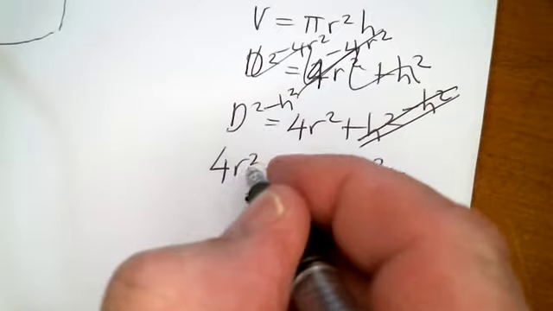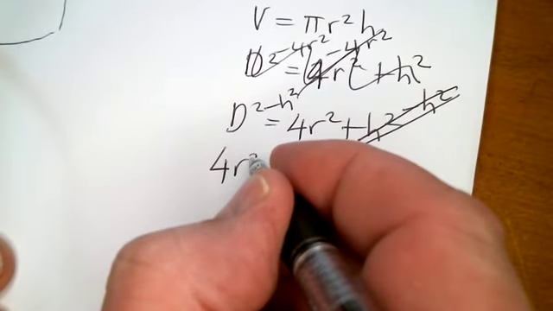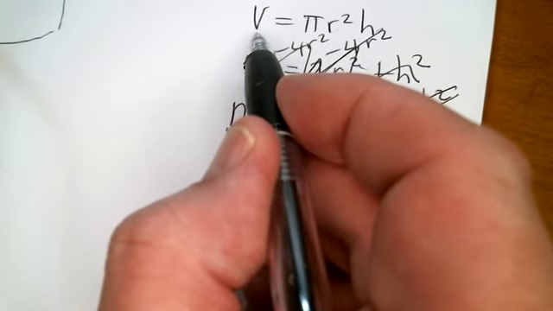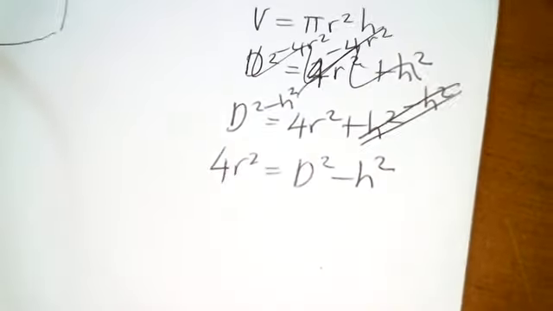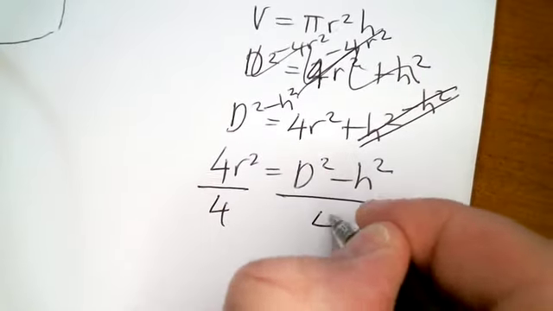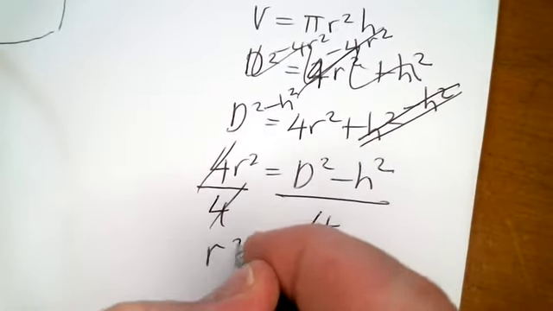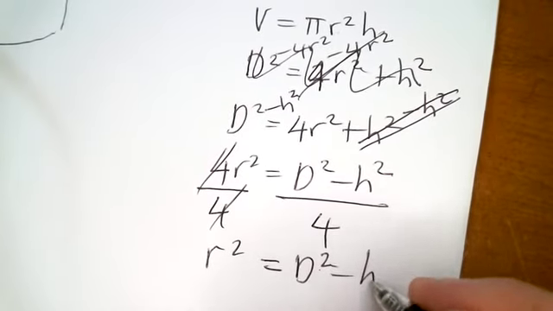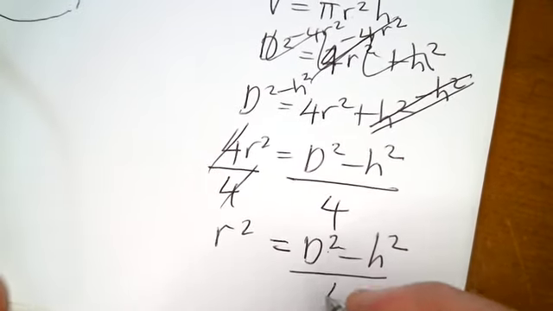Now I just want r squared, because the moment I've got r squared, I can put it straight into my equation here. And then all I have to do is differentiate with respect to v, and we're most of the way there. So let's divide both sides by 4, and now I've got myself an r squared, which is d squared minus h squared, all on 4.